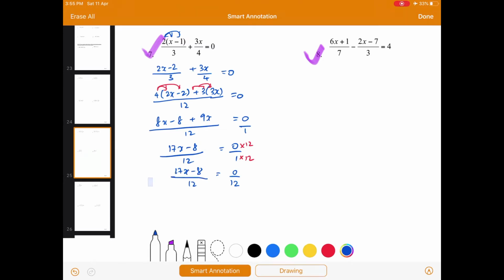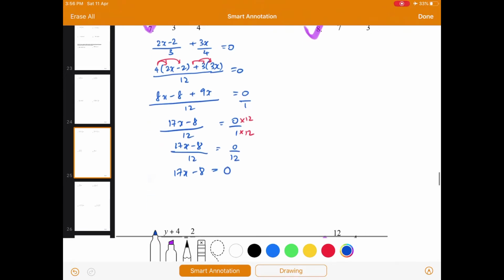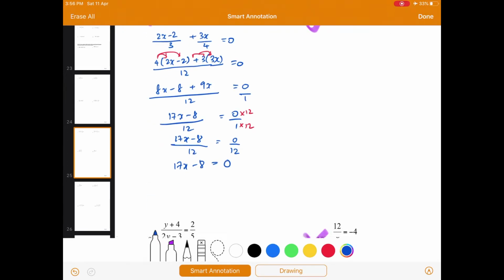So hence, since the two fractions have the same denominator, it implies that the numerators are equivalent. So 17x minus 8 is equivalent to 0. So we can add 8 on both sides. So 0 plus 8 is 8. Then we can divide by 17 on both sides. So we will get 1x is equivalent to 8 over 17.